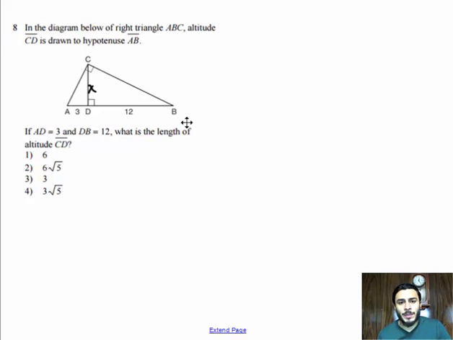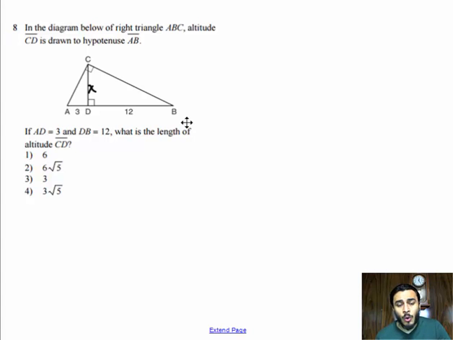I'll begin this problem by stating the following. There are 3 triangles here: triangle ADC, triangle CDB, and triangle ACB. They're all overlapping, and the other thing I need to say about these 3 triangles is that they are all similar to each other.